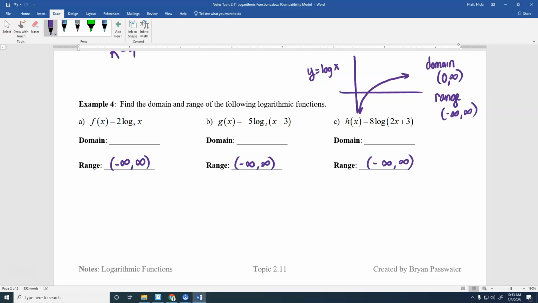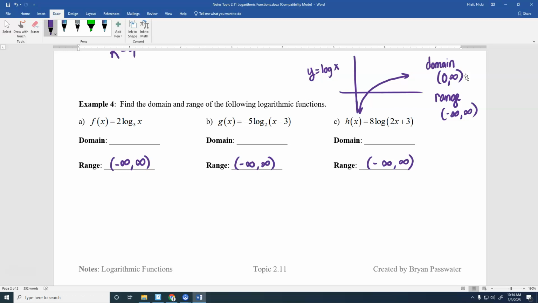So that requires very little thinking, but domain requires much more thinking, right? So if the range is always the same, the domain will stay the same unless we do some sort of transformation that changes our x. So if we shift this graph up or down, is it going to affect our domain? It will not, right? That only affects y values. If we stretch it out vertically or squish it down vertically, is that going to affect our x values?